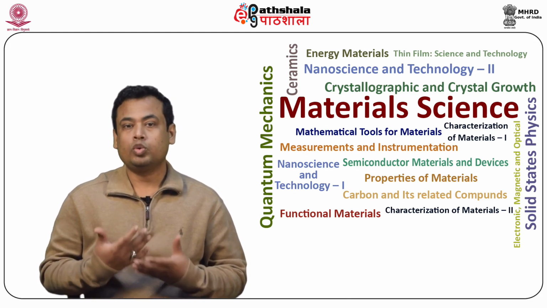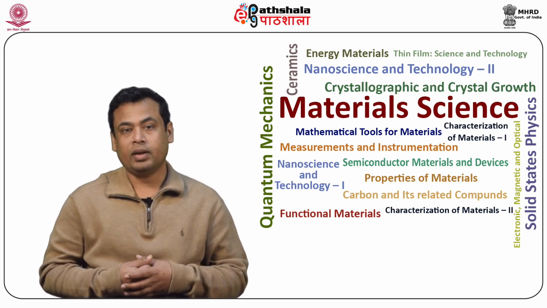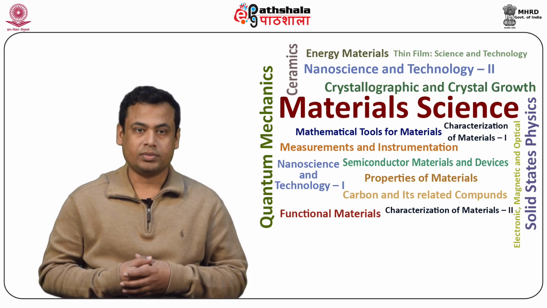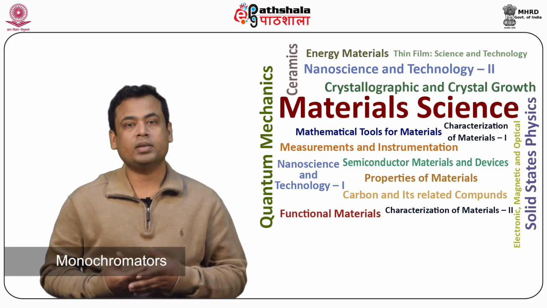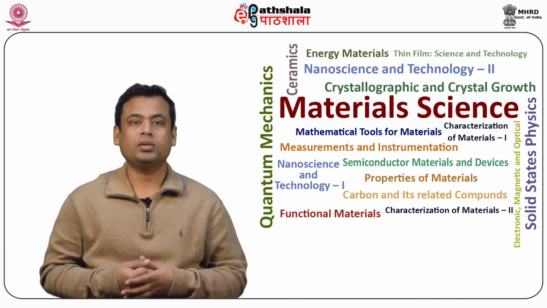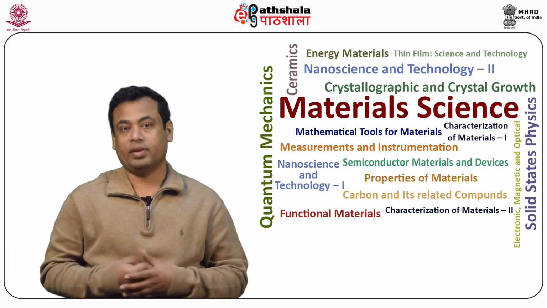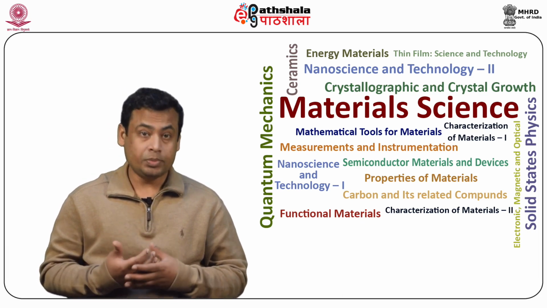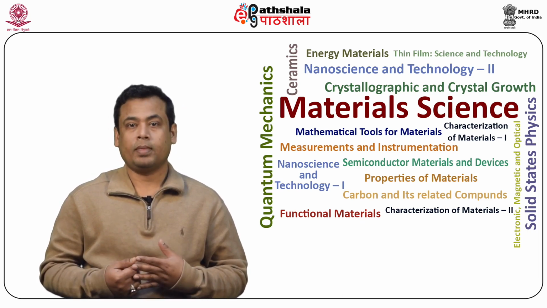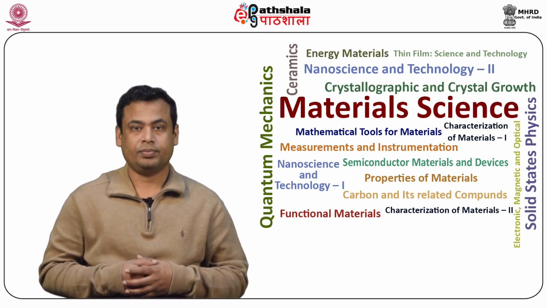and there are two types of dispersive elements. One is filters and those are monochromators. Monochromators are used to disperse white light consisting of various colors or wavelength. This dispersion can be done with the help of prism or diffraction gratings.